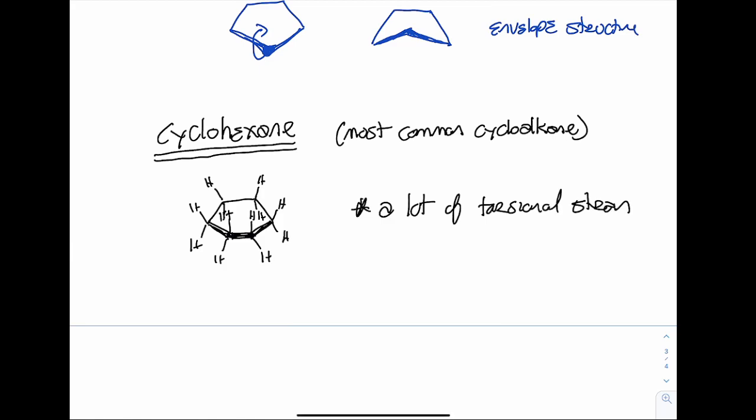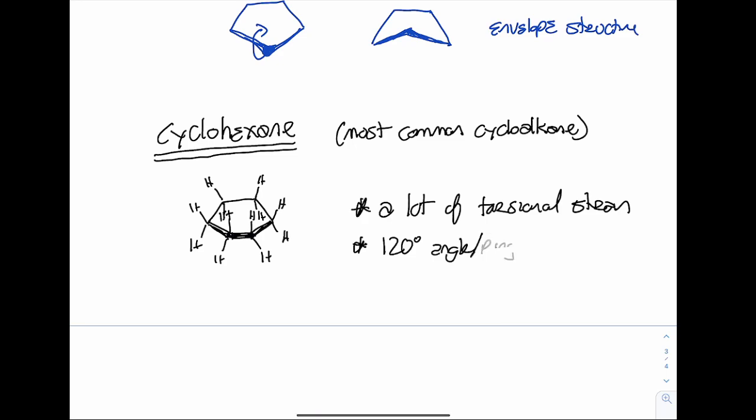This time I have 12 areas of eclipsing bonds. And then this one actually does also have angle strain. It actually has 120 degree bond angles. Remember, we have angle strain or ring strain if it's larger as well as smaller than what it wants to be. So it wants 109.5 degree bond angles. It has 120. So it does have angle or ring strain.